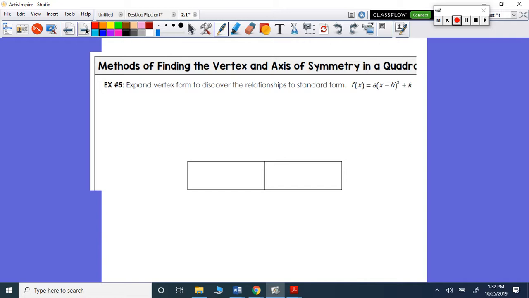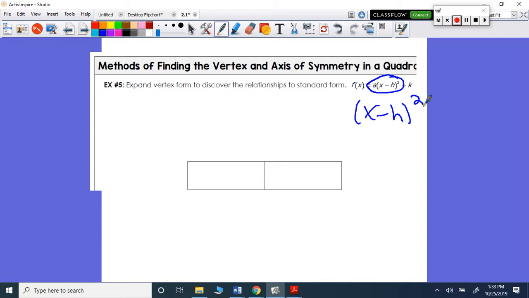I could see a great bonus problem happening here. If I expand that (x minus h) squared in the vertex formula, can anybody tell me what I would get if I expand the (x minus h) quantity squared? Anybody know?